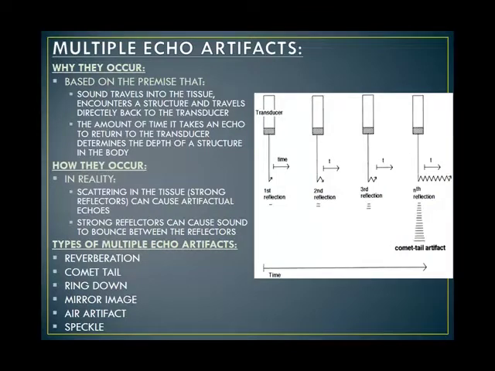All right, the next category: multiple echo artifacts. These occur because the machine assumes that sound travels into the tissue, encounters a structure, and then travels directly back to the transducer. The ultrasound machine times how long it takes the echo to go into the tissue and then return, and assumes that's how deep a structure is in the body.